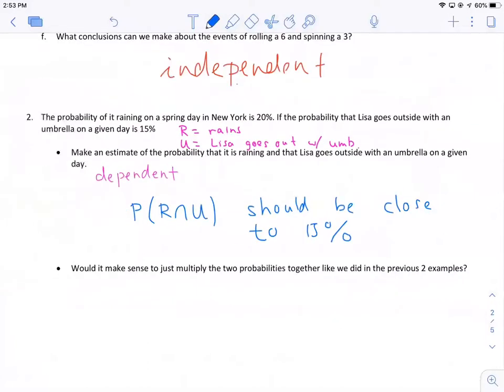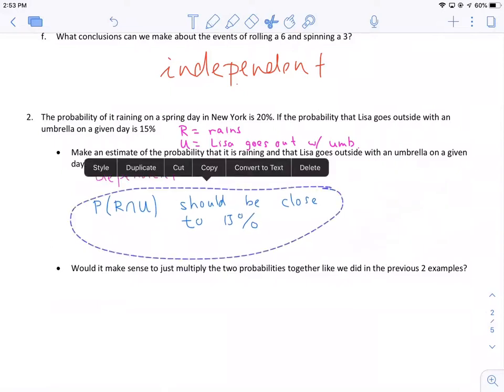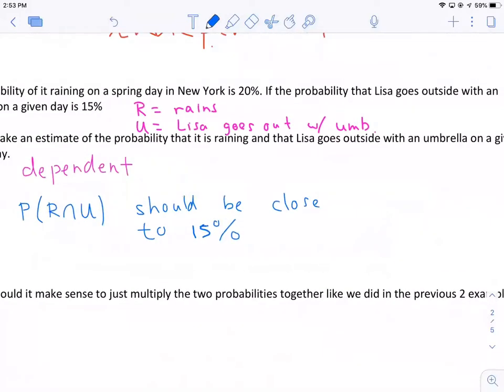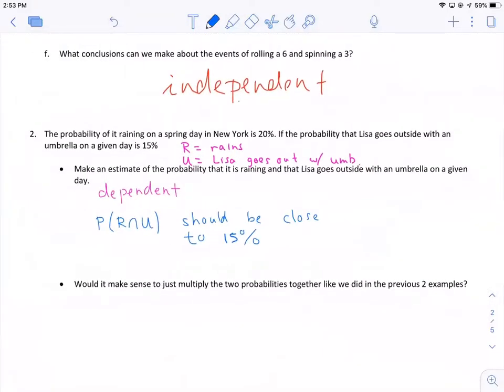But it also has to be less than 15% because there's only a 15% chance she goes out with an umbrella on a particular day. So it should be less than 15%, but close to 15% because pretty much every time it rains, she's going to be going out with her umbrella.